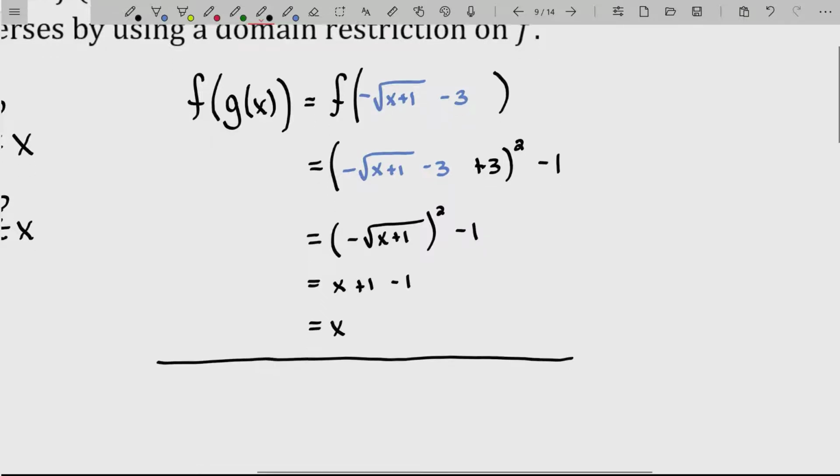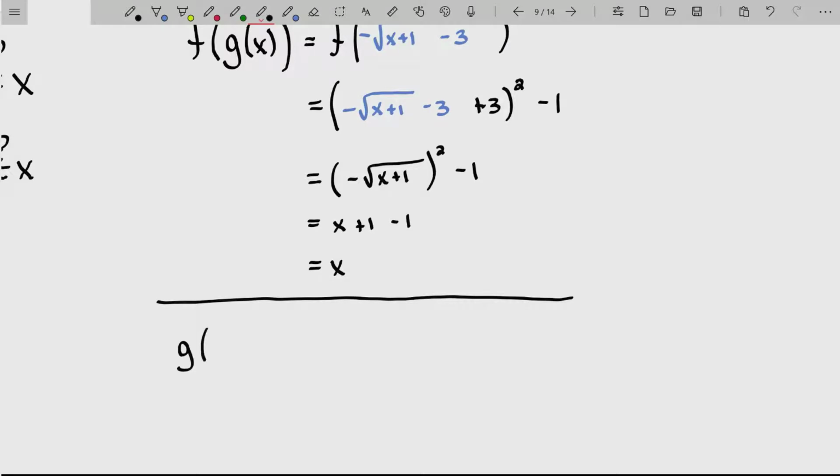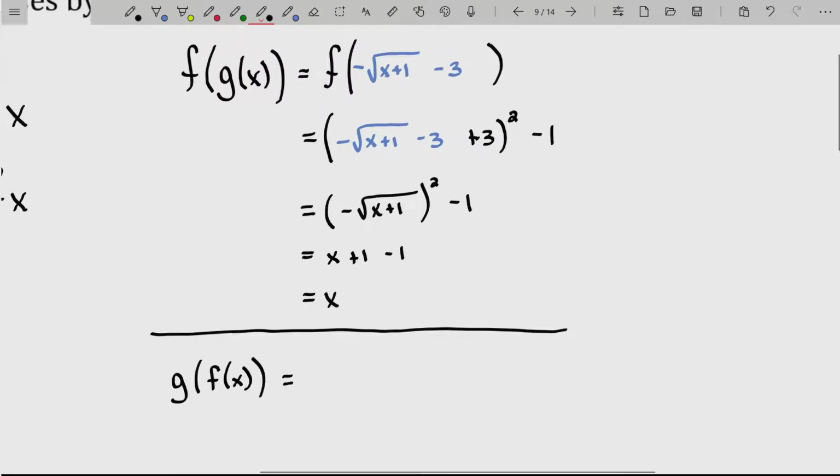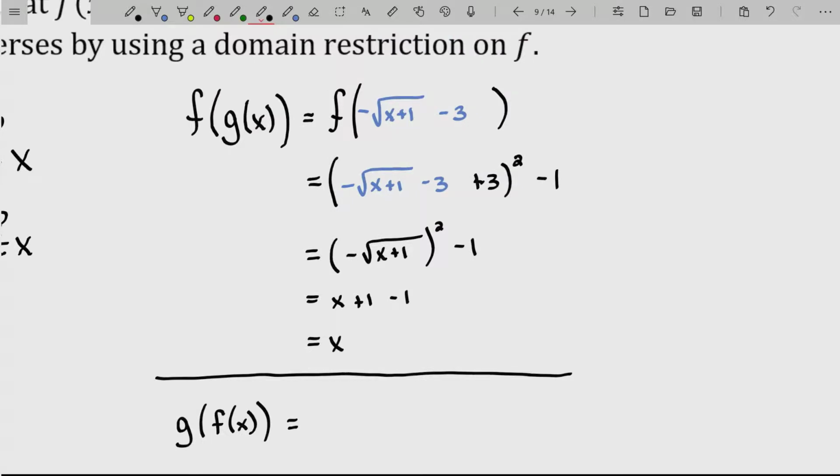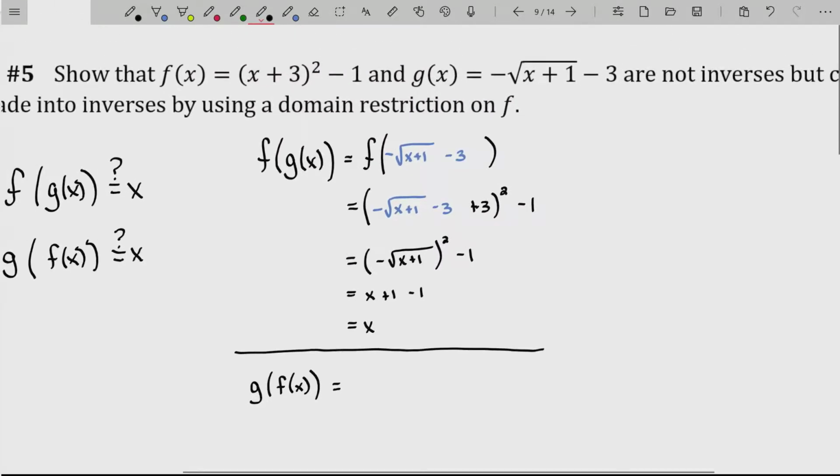Let's check it the other way. G of f of x. Again, if they're inverses, g of f of x should just return x. I will write the function g in black, and f I'll write in blue. F is x plus 3, quantity squared, minus 1.